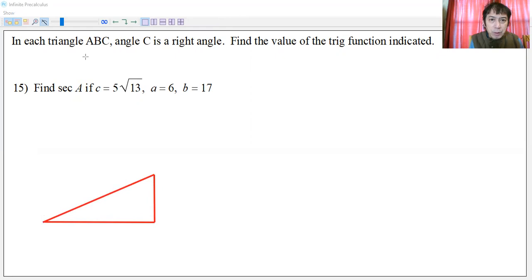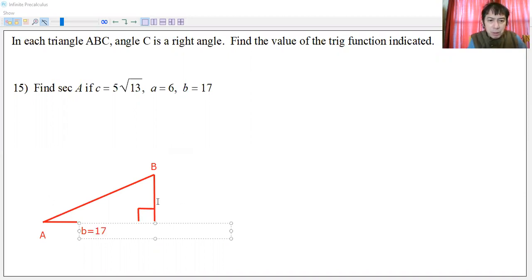Let's put the labels. This must be our angle A. This will be our angle C, and this will be our angle B. And of course, this must be our right angle. There. Our sides. Side B is 17.